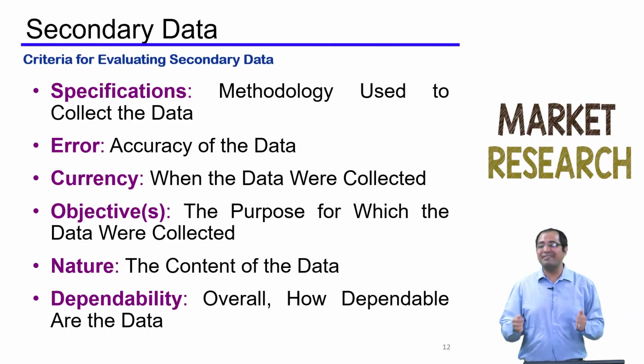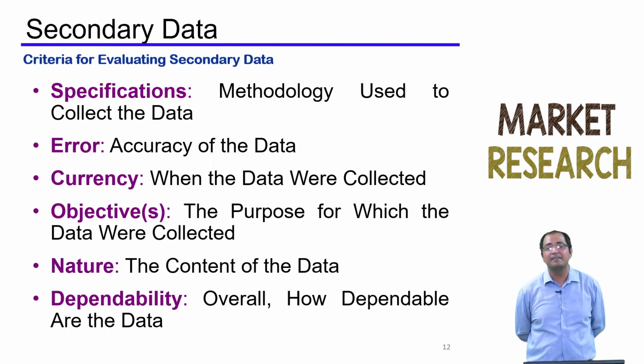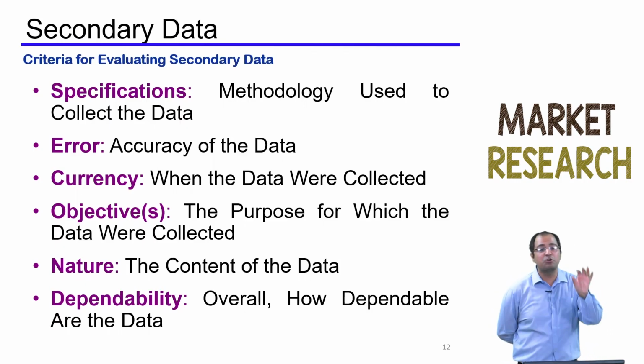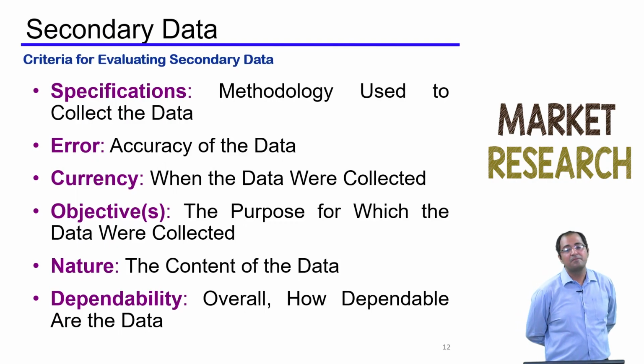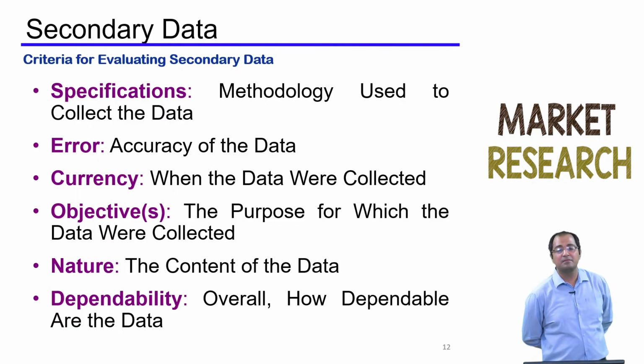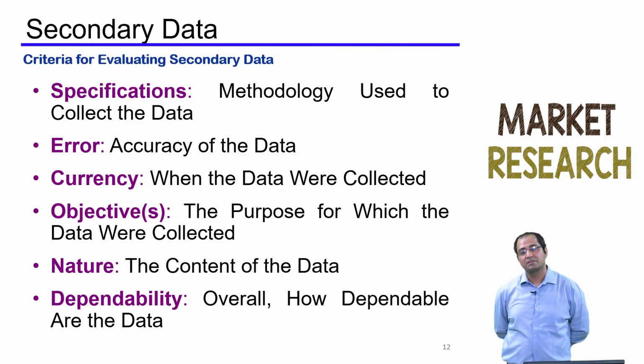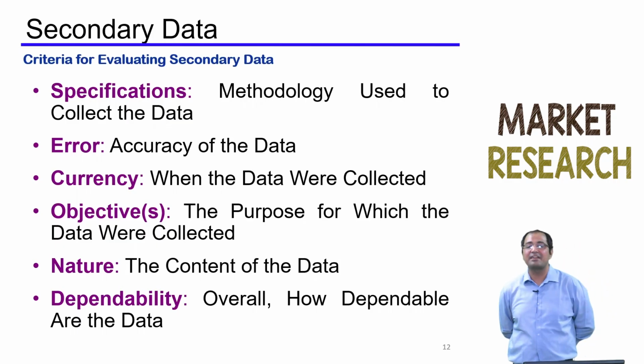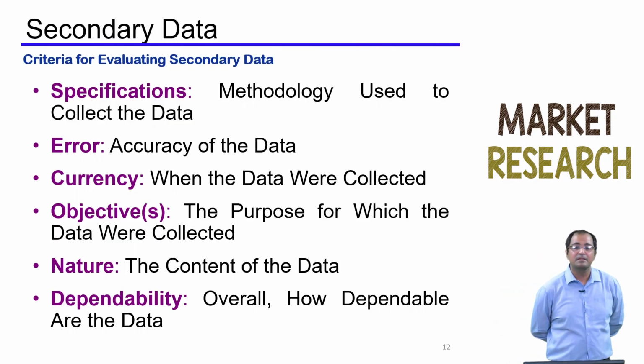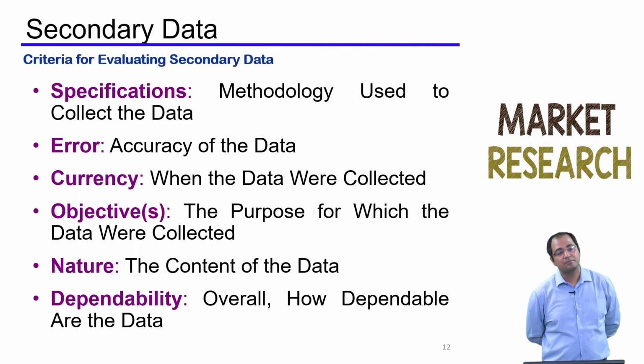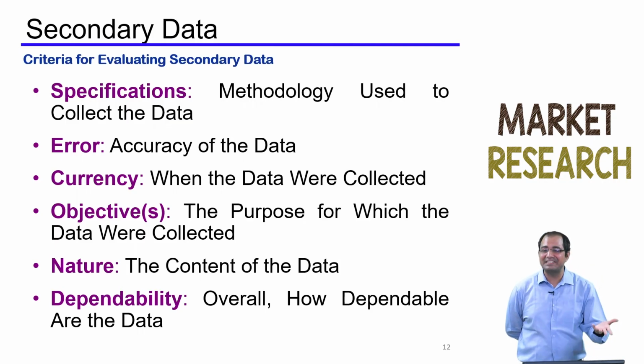The last one is dependability. How dependable is the data? Which means look at the source, whether the source is credible, whether the data is dependable, whether you can rely on that data. So whenever you are looking at some secondary data, just look at where the source is.